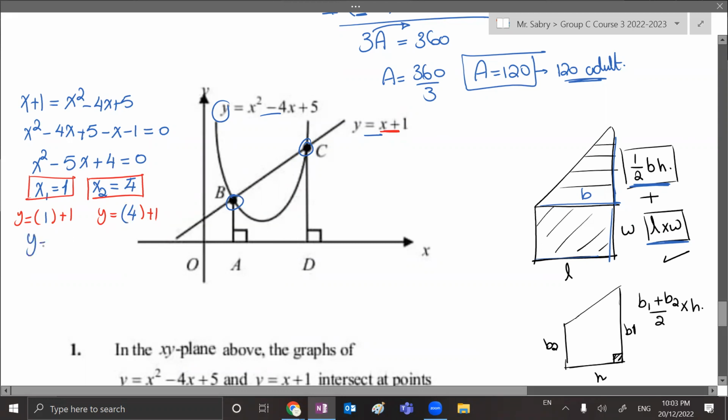Now I have y equals 2 وال y التانية equals 5. So I have now 2 points of intersection اللي هي 1 and 2 and 4 and 5 اللي هم محطوطين already عندي على الجراف.